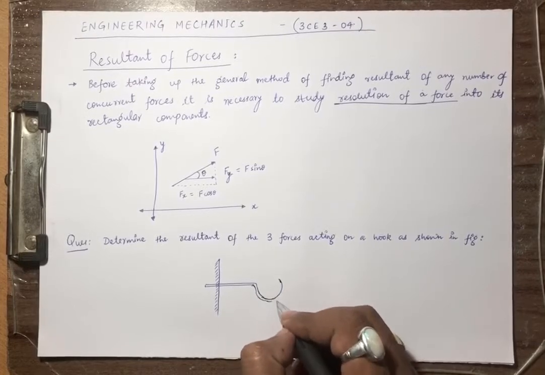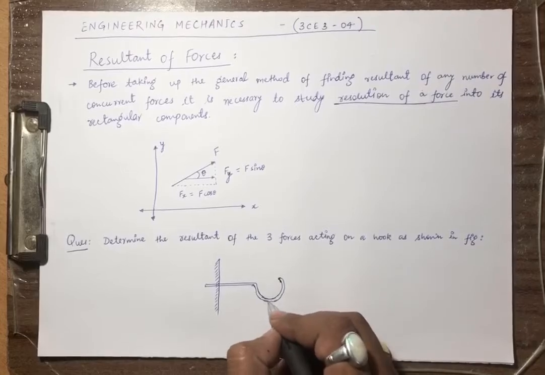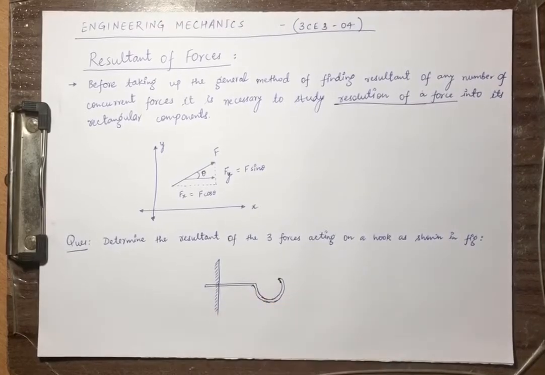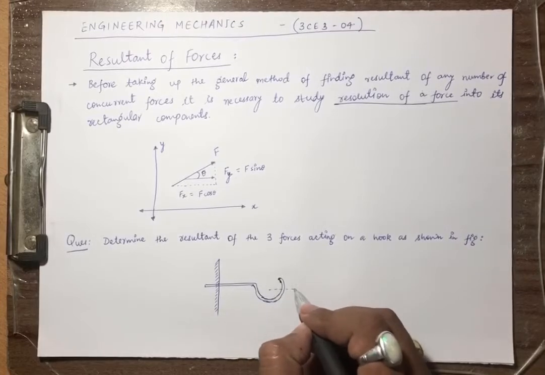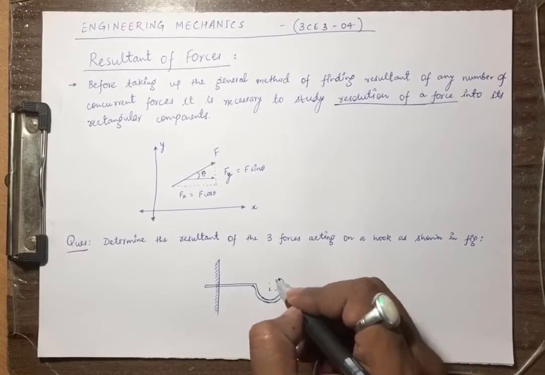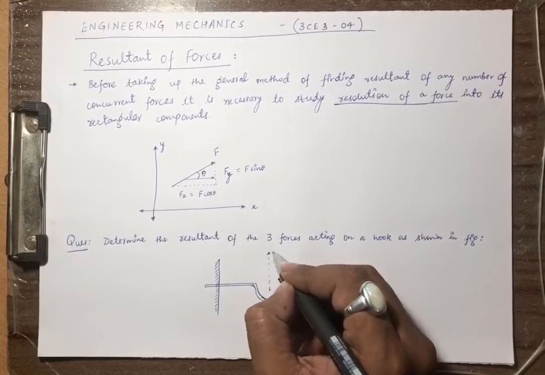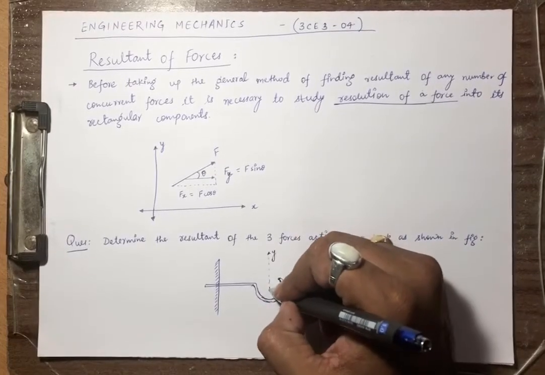So this is a hook. It is fixed in a wall. So this is the x-axis, this is the y-axis.